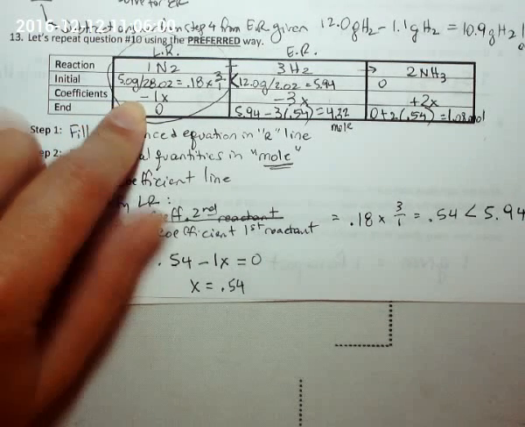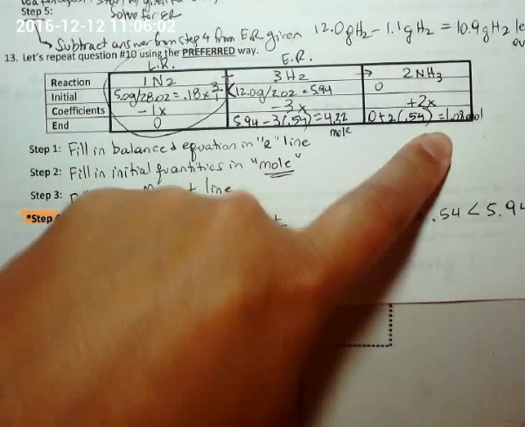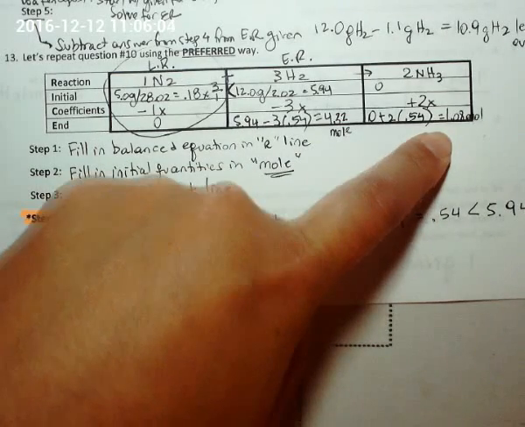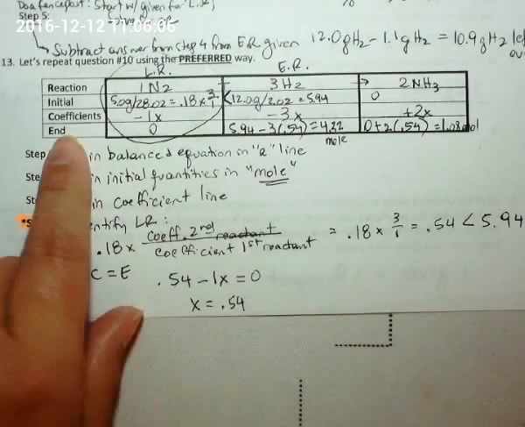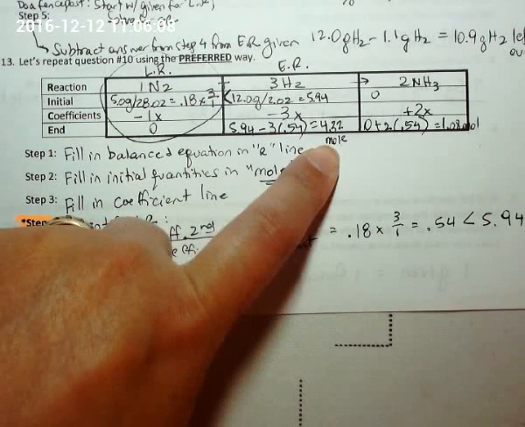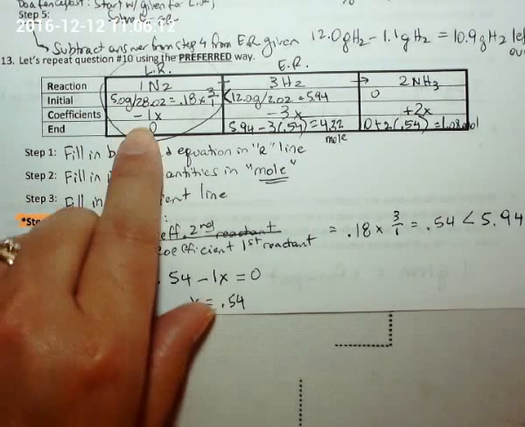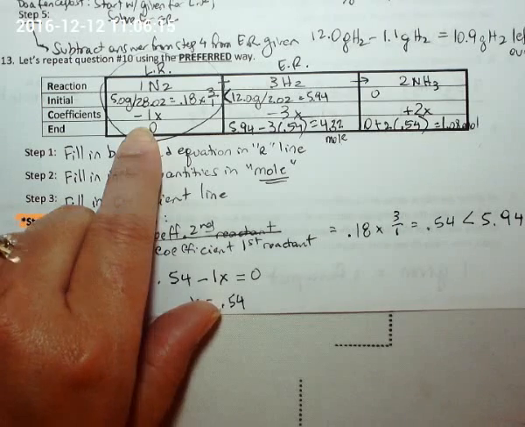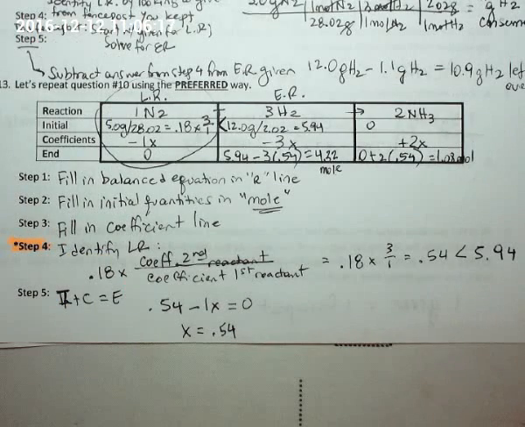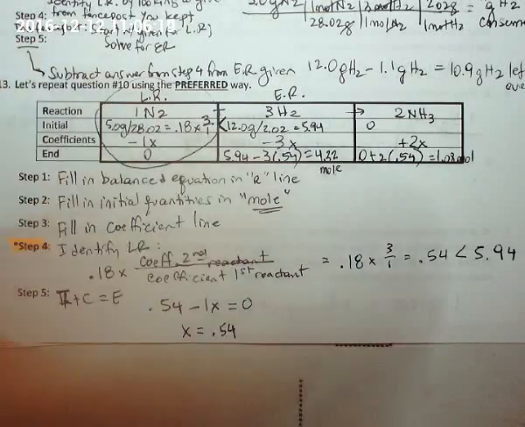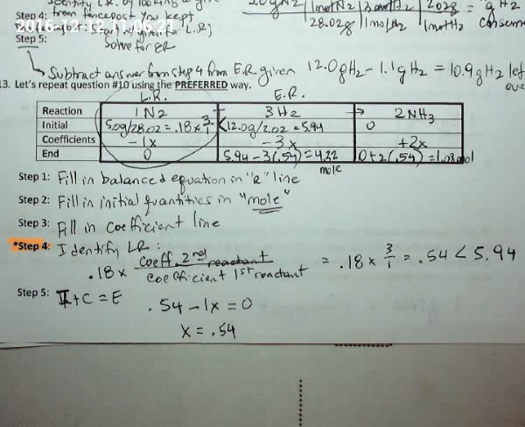How much ammonia do I make? 1.08 moles. How much hydrogen's left over at the end? 4.32 moles. How much nitrogen is left over at the end? 0 moles. What if the question wanted these answers in grams? There you go. That's how you use the RICE chart. Do you think this is easier to remember than this hot mess above? A lot more. We just have to practice it.